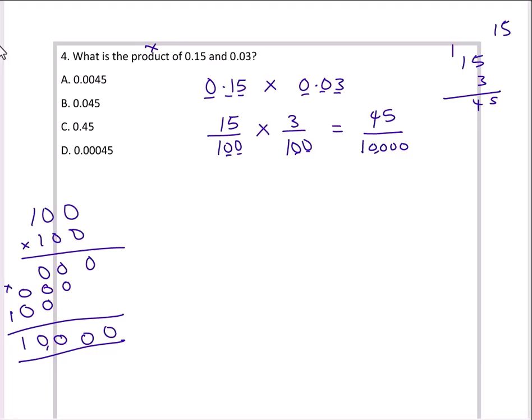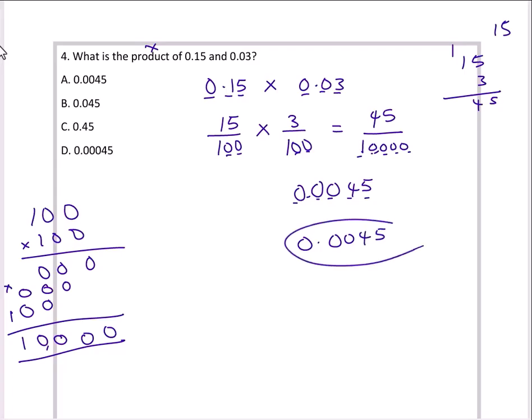So we'll have 0, let's just count 0 0 0 4 5. So let's see if we should have a point here now. This is 1 2 3 4 5. Let's see, 1 2 3 4 5. So the answer is 0.0045. Okay, let's see if it aligns with any option. That is option A.